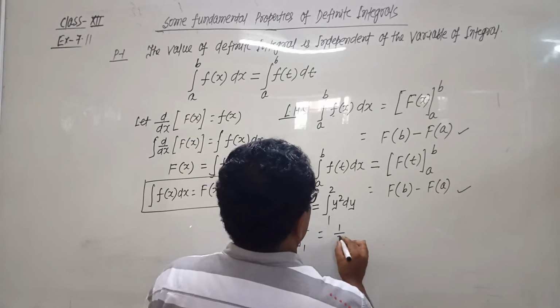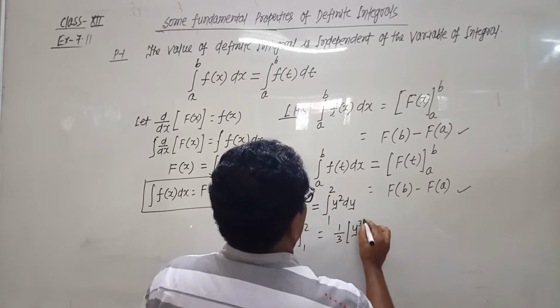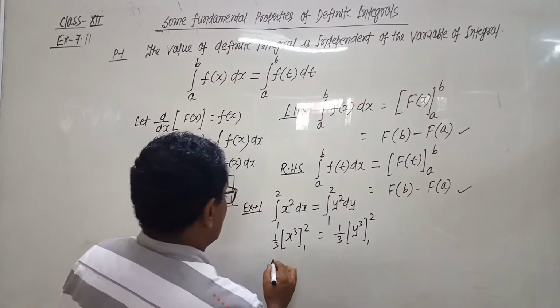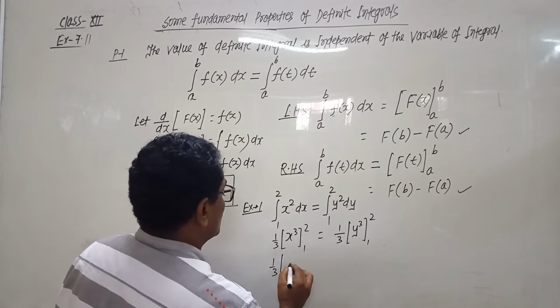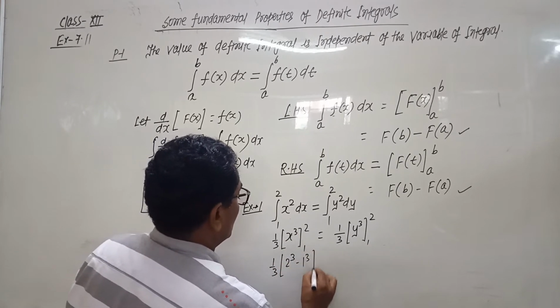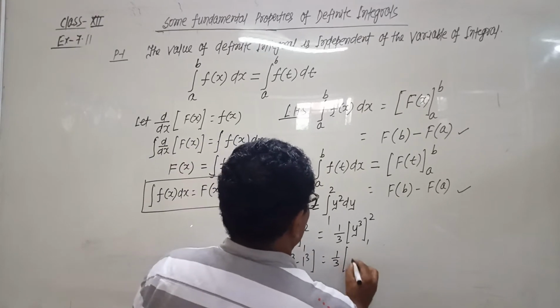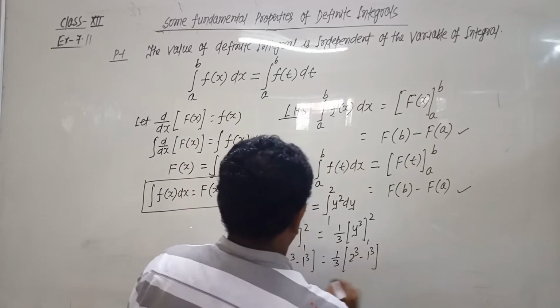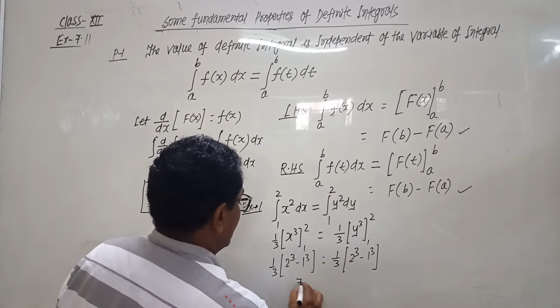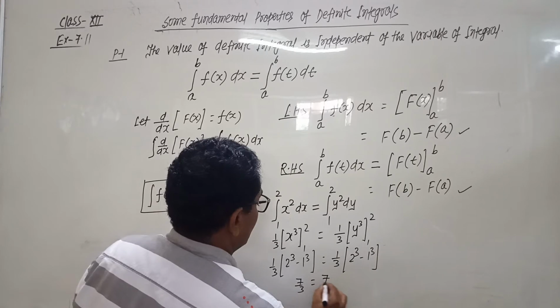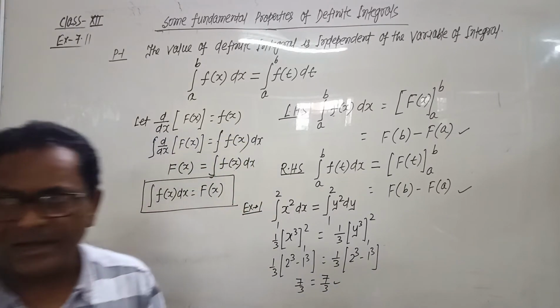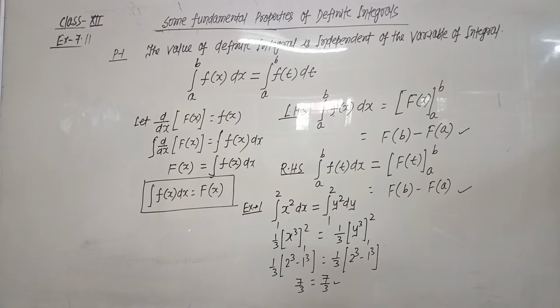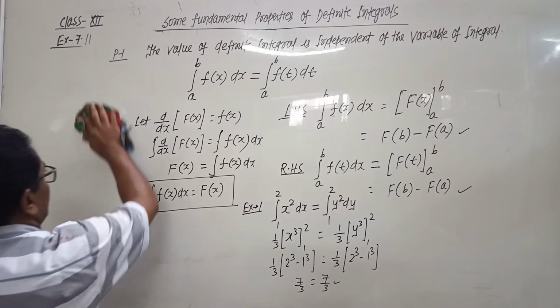Integration of y square dy is 1 by 3 y cube, limit from 1 to 2. Now put the limit: 1 by 3 times 2 cube minus 1 cube. So we get 8 minus 1, 7 by 3, equals 7 by 3. So the value of the integral remains the same when the variable gets changed. The value of definite integral is independent of the variable of integral. This is the first property.